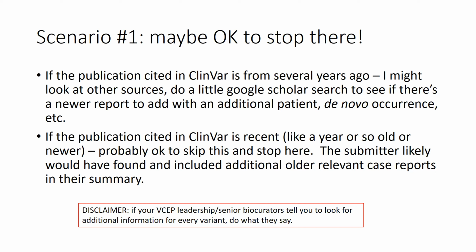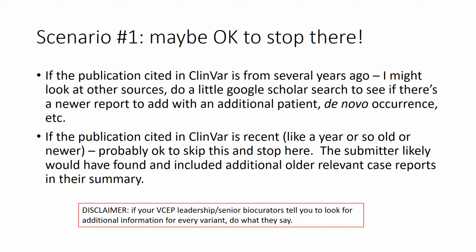it's probably unlikely that you're going to find any new information if you do more extensive searching, like in Google or Google Scholar. The submitter likely would have found and included additional older relevant case reports in their summary. Again, I don't think it hurts to quickly check HGMD to see if there's anything older that's listed, but if you're playing the odds over here, it's very unlikely that you're going to find new information.